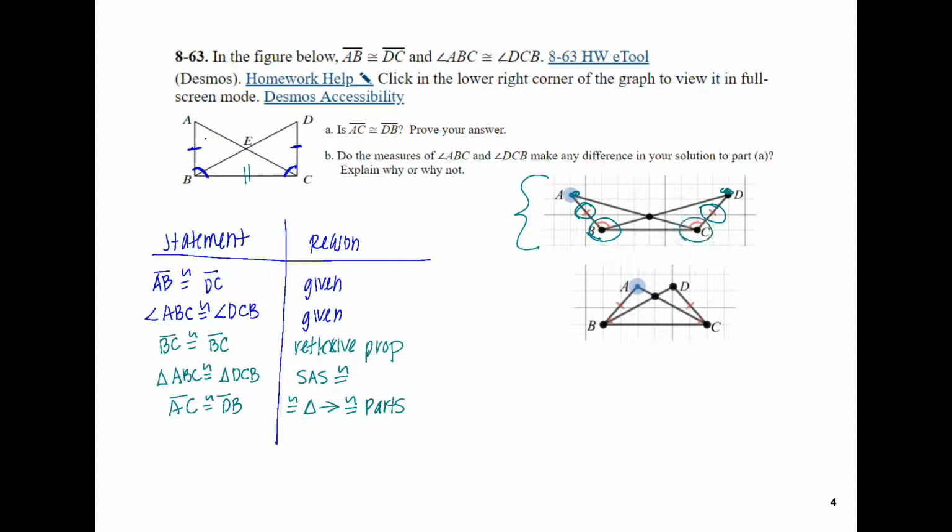This angle is still congruent to this angle, and side BC is a reflexive side. So it doesn't matter which way we adjust our figures, we could still prove these triangles congruent.